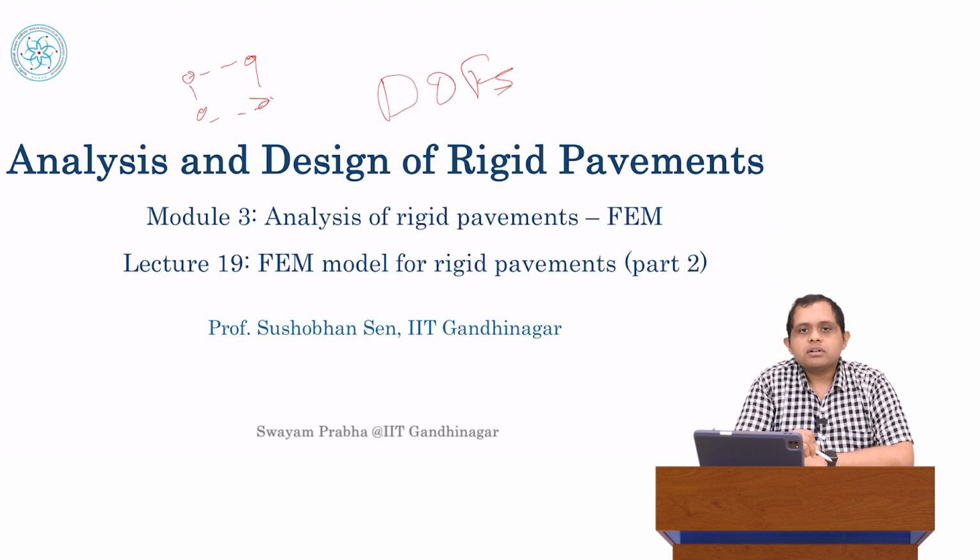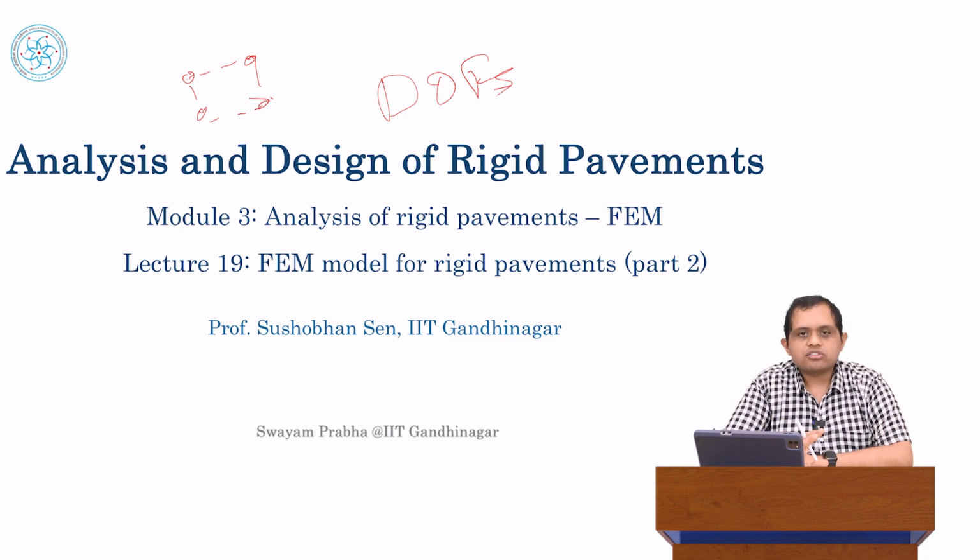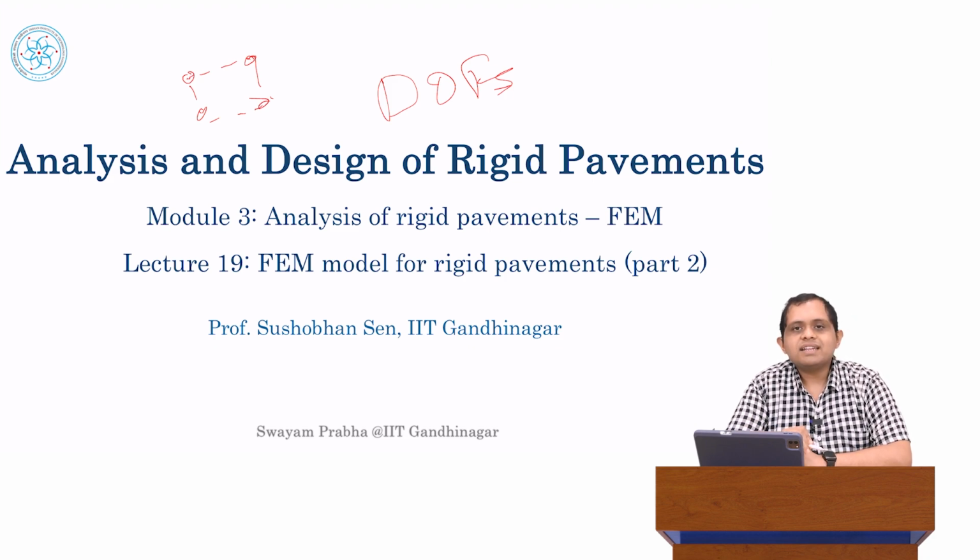Within each element, we assume that the solution varies using some simple polynomial. It could be a linear polynomial, it could be quadratic, you can have various schemes. But we assume that within each element, we have some simple polynomial approximation for the degrees of freedom. So the degrees of freedom are known at the nodes of the element, and within each element, we assume that we have some polynomial approximation.